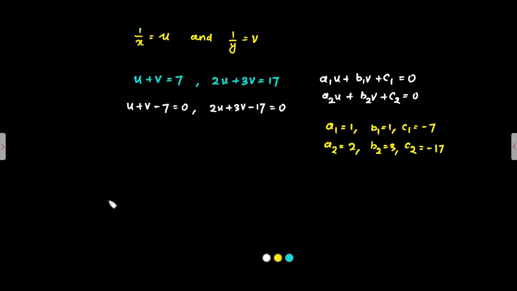So first b1, b2, so 1 and 3, then c1, c2 which is minus 7, minus 17, then a1, a2 which is 1 and 2, and again b1, b2 which is 1 and 3. So here it will be under u, this cross multiplication, this will be under v, and this will be under 1.